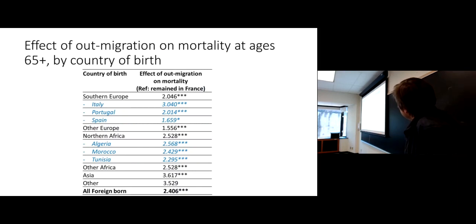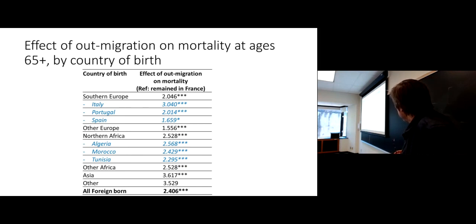This is the effect of out-migration on mortality, with the reference group being those who remained in France. And what's pretty striking here is that leaving France is associated with excess mortality during this short period of time.